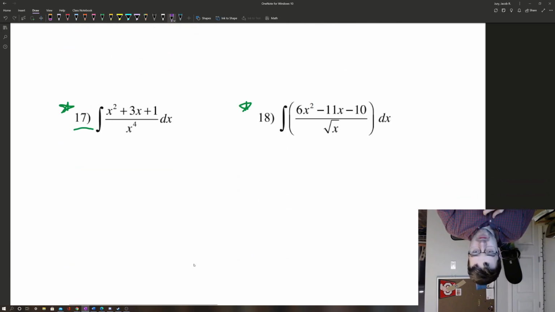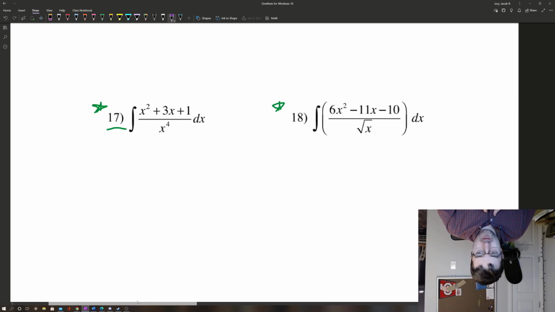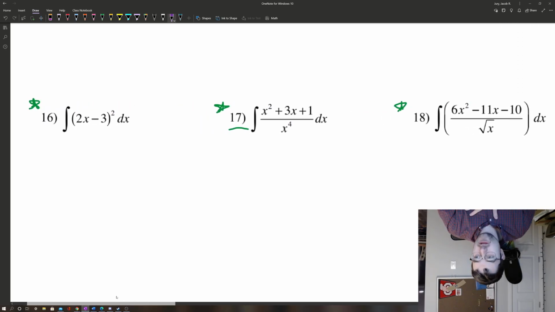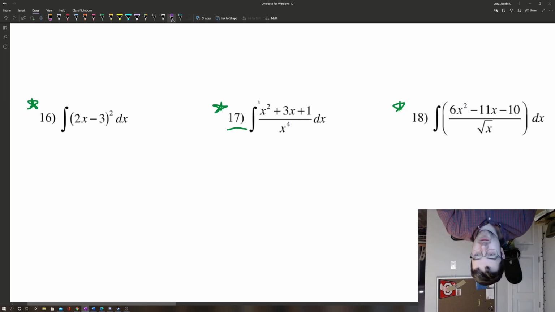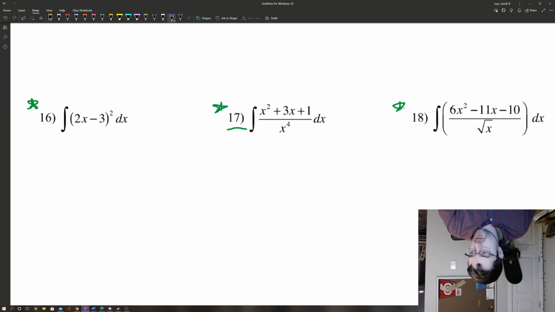So the last one I wanted to do, and I wanted to warn you all about the last three, 16, 17, and 18. 16 and 17 are the ones I'm not going to do, but you want to rewrite them before you integrate. With 17, it's a little bit tricky to integrate because we've got to divide each term by x to the fourth.